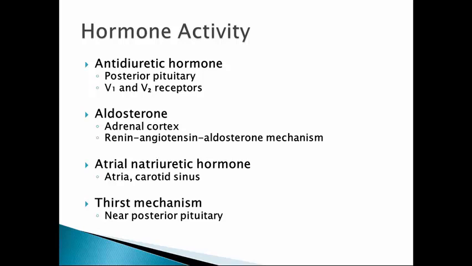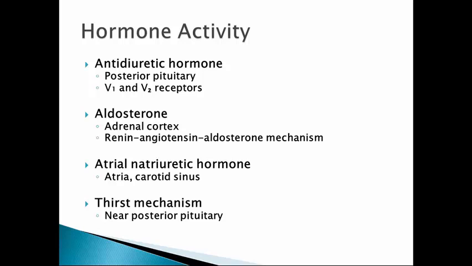Aldosterone is a mineralocorticoid, and as a result, the mineralocorticoids are released by the adrenal cortex. Now this all starts in the anterior pituitary with adrenocorticotropic hormone, ACTH, which then goes to the adrenal gland itself, and then the adrenal gland produces the mineralocorticoids.